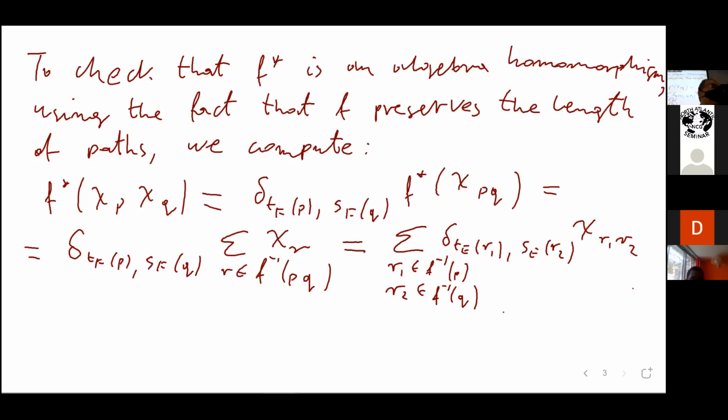So this is the place where we use this preservation of length. Let me write it as a side remark before I continue the calculation.